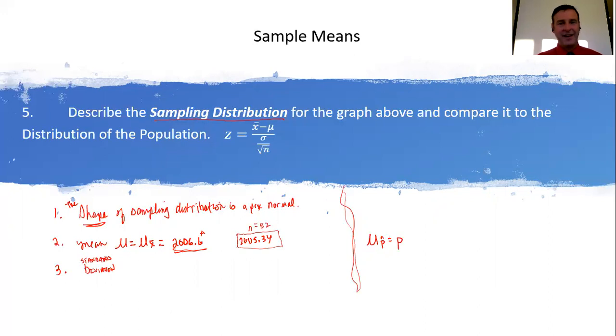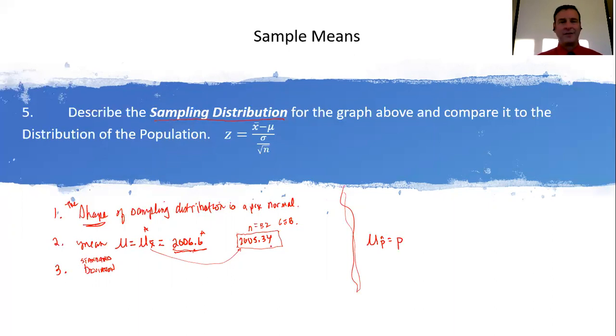Had I done all 68 billion of the X bars that could possibly exist, you would find that this would actually get closer and closer. And if you did all 68 billion of them, it would actually equal the 2006.6. So in theory, if you did every single group rather than just the 82 that we did, you should get this 2006.6. And that's what we'll write and what we'll go with.